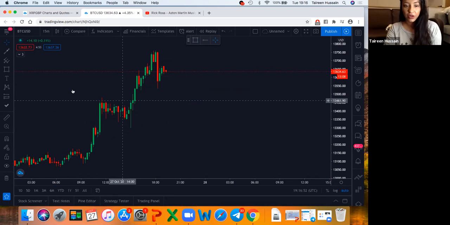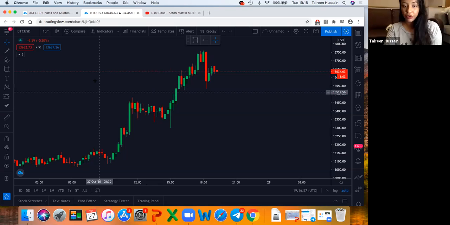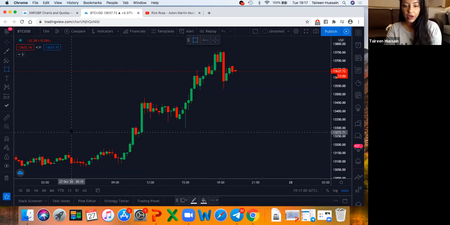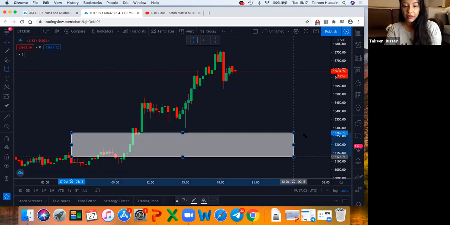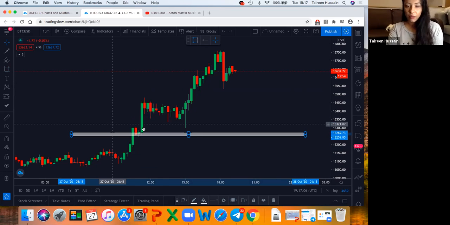So if you look at the perfect example here, this is a great trade that you can have for a second entry. So say you went for a buy here, and you cashed out TP1.